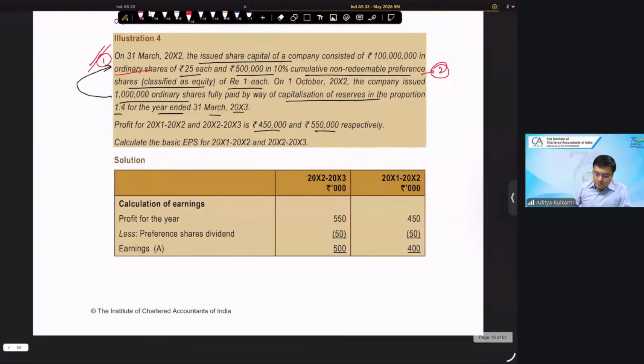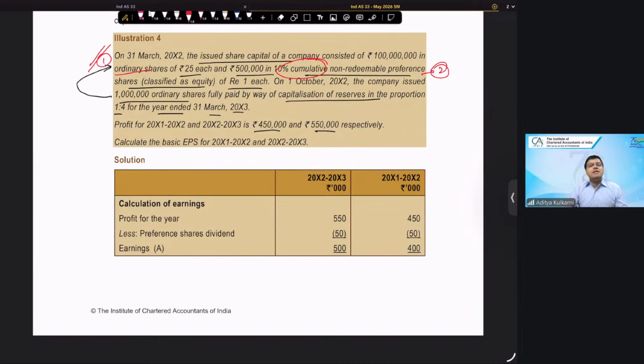Now, these are cumulative non-redeemable preference shares. What do you mean by cumulative? Whether dividend is declared or not declared, you will have to provide for it. It is an every-year feature. You will have dividend that gets accumulated.